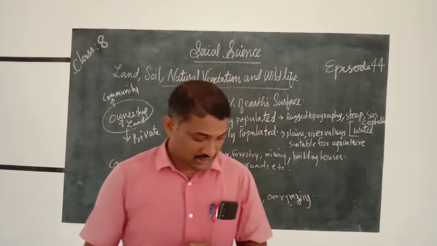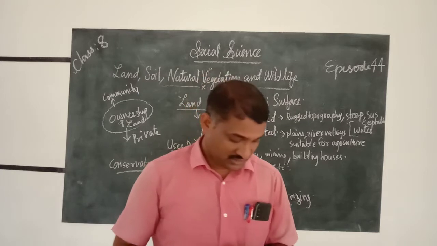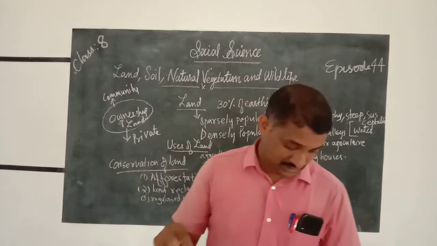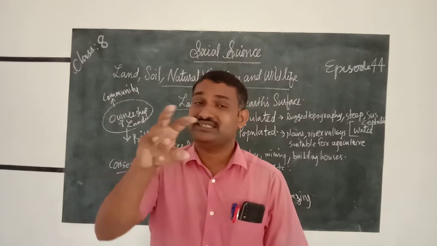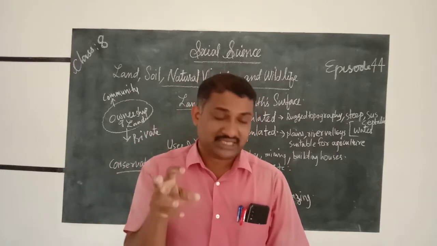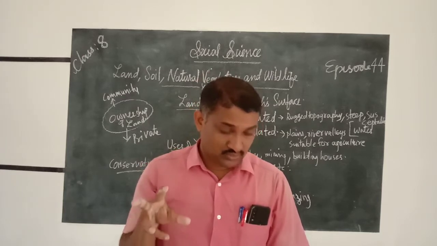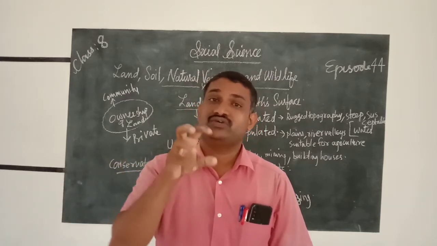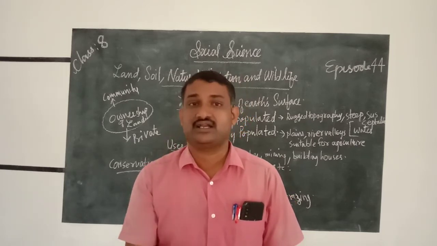Third, rock dam or check dam. Next, terrace farming. Next, intercropping. Then contour plowing, shelter belts, etc. Through these activities, we can conserve and protect the soil and prevent soil erosion. So these are all very essential.